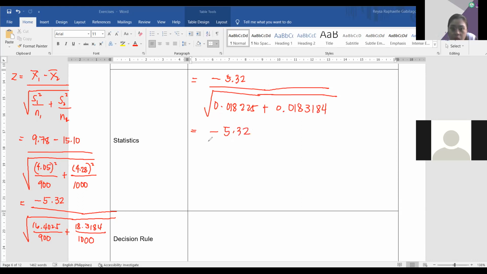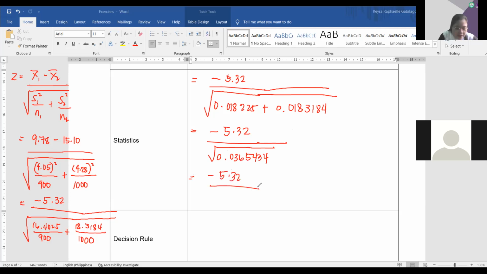Let's continue. Negative 5.32 divided by the square root of, let's add this one, 0.018225 plus 0.018384, this is 0.036609. Okay? Sige. And then, negative 5.32.